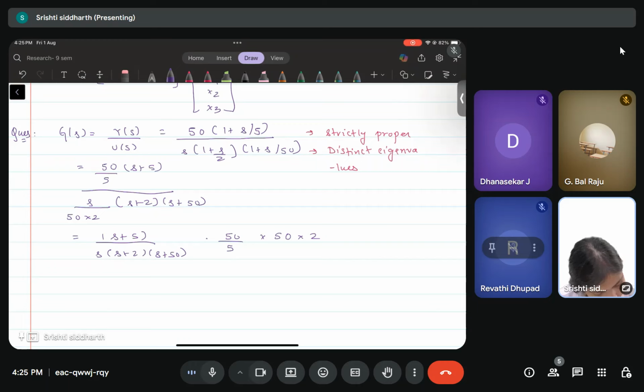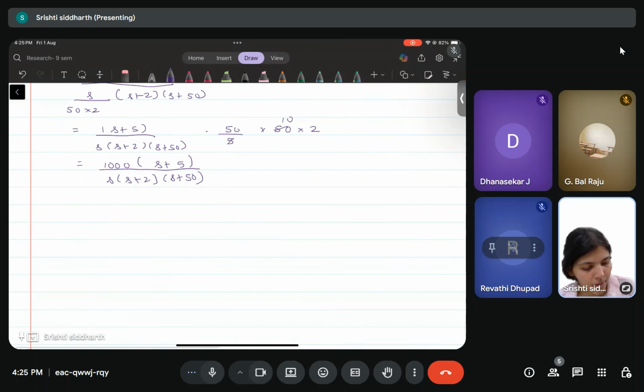So I think this is correct. Okay, it is simply 1000 (s + 5) over s (s + 2)(s + 50).